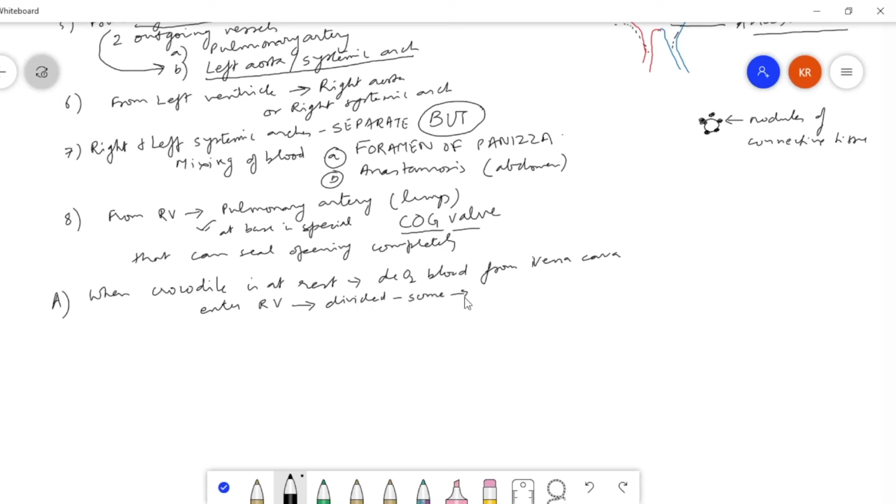Some of it will go into the pulmonary artery, and some of the blood will go into the left systemic arch, which is actually O2 poor blood or deoxygenated blood, into the digestive system.